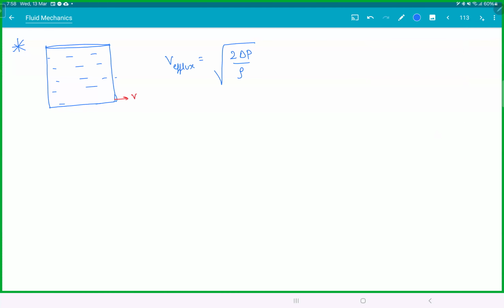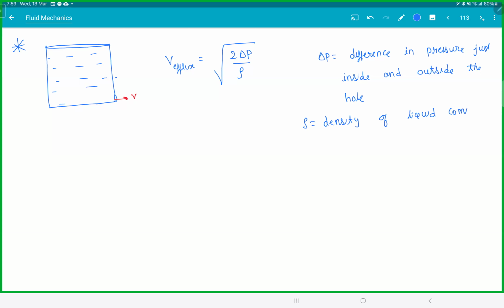Here delta P is the difference in pressure just before and just after the hole, and rho is the density of the liquid which is coming out. This result is valid only for small holes.